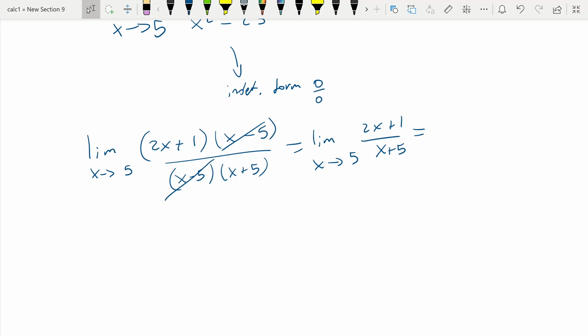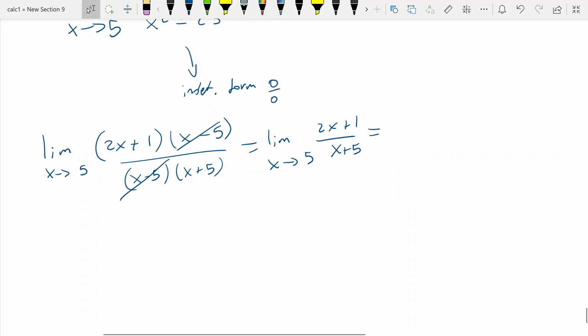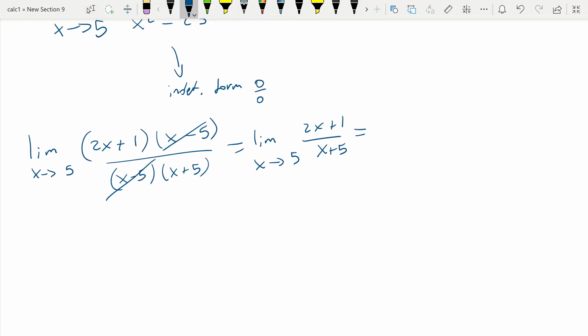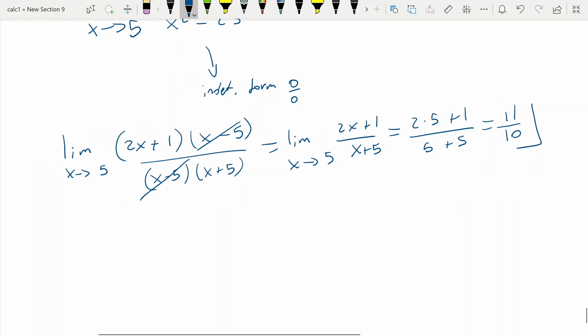So 2x plus 1 is continuous everywhere, and x plus 5 as well. But when x approaches 5, the bottom is no longer equal to 0. So we can apply the law for the quotient, and we can just substitute 5 for x. We get 11 over 10, which is our final answer.